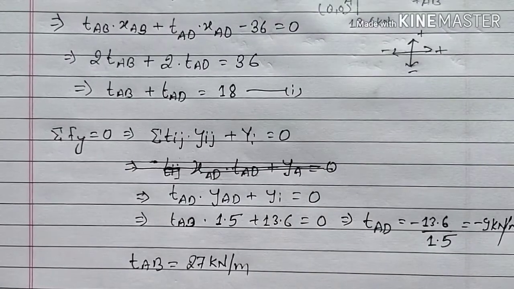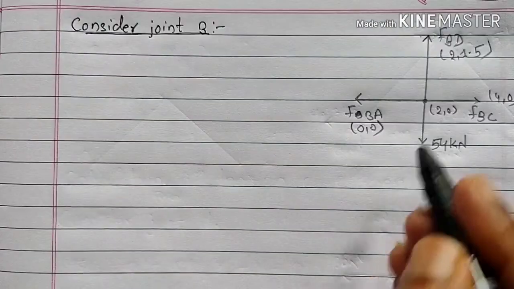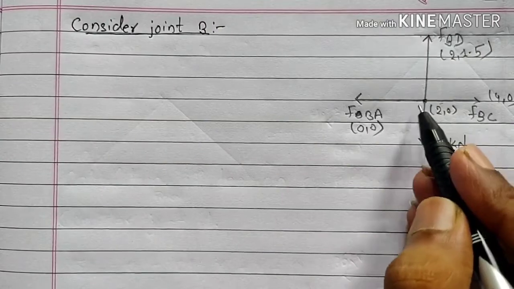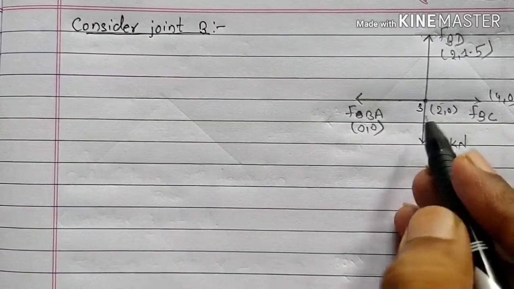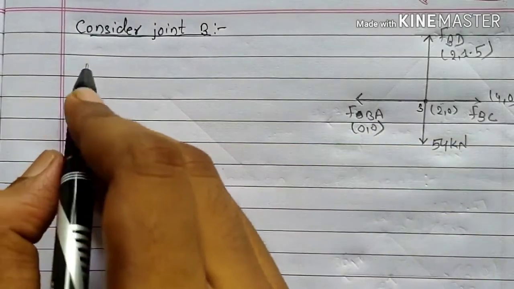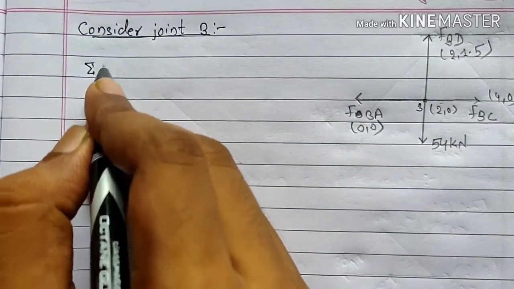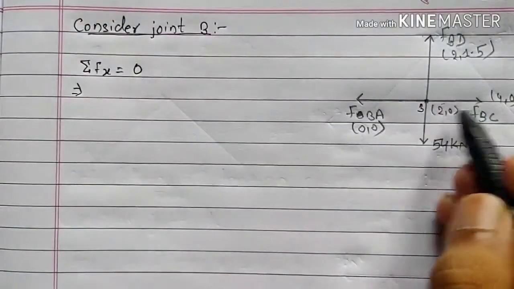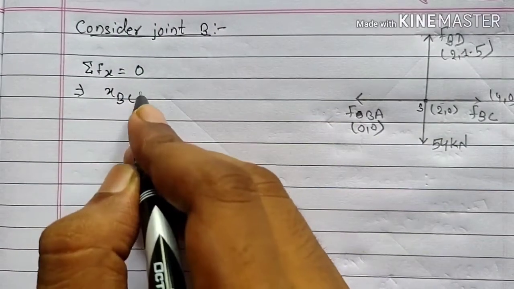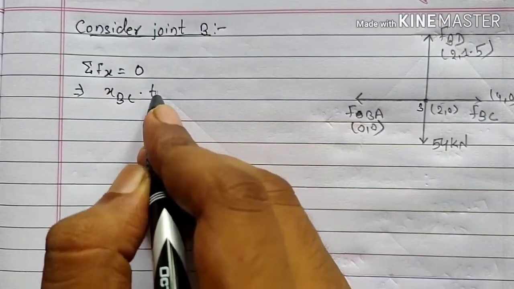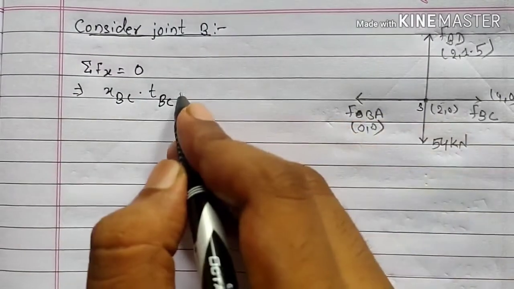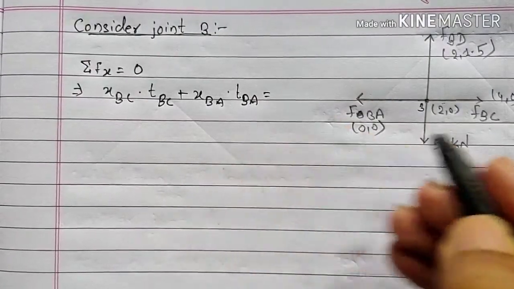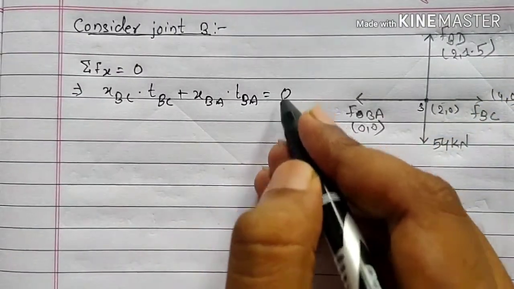Now let's move toward the joint B, and always remember that we represent the force away from the joint, so this is our joint B, then this will be force BC, and this will be our force BA. And let us consider that summation Fx equals to 0, and for that we will have here XBC into TBC, similarly as in the previous step, plus XBA into TBA, and there is no other force in x direction, so it will be equals to 0.